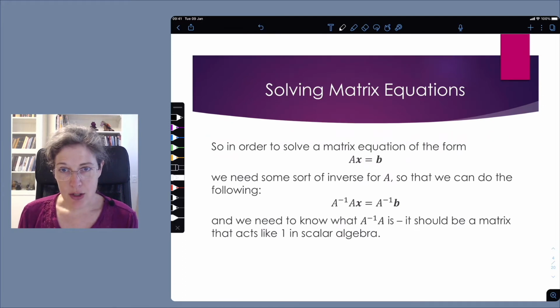Okay, so what do we need to do? Suppose we've got a matrix equation of the form A, which is some matrix, times x, which is a vector, and that's the thing we're trying to solve for, is equal to some vector of constants.